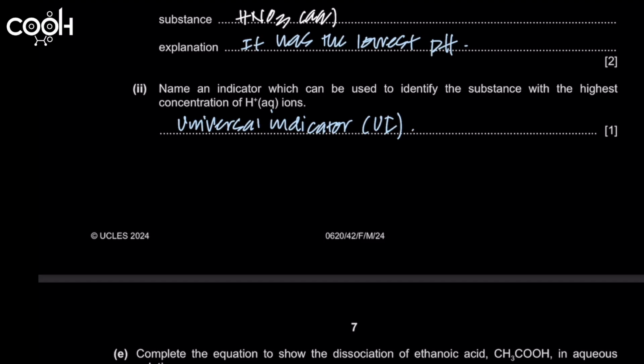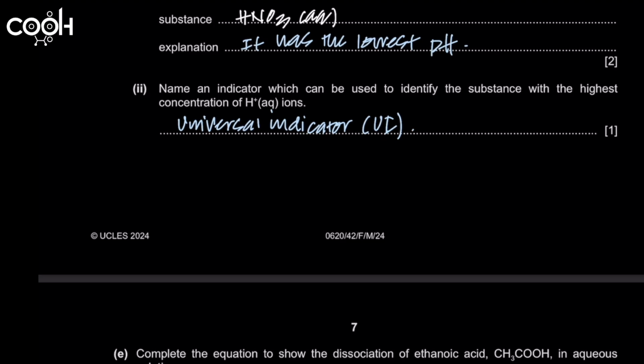Indicators such as thymolphthalein, methyl orange, phenolphthalein, and bromothymol blue are all made for a specific pH range, whereas a universal indicator works for a wide range of pHs. That's why you could use universal indicator paper everywhere, right?